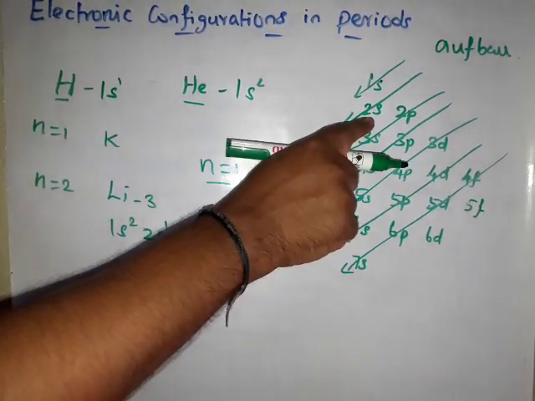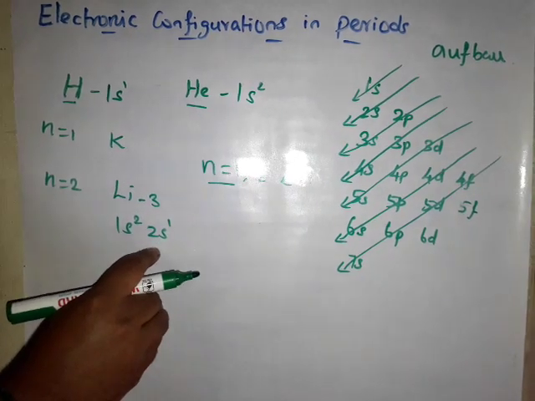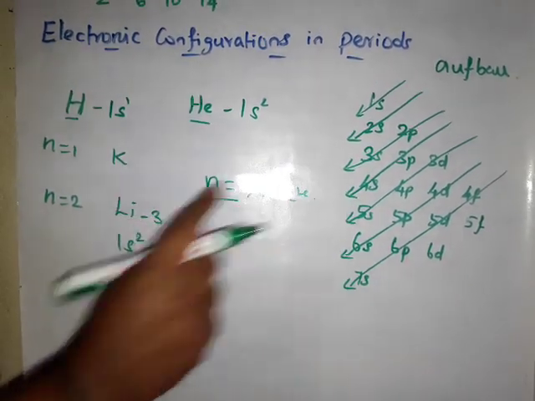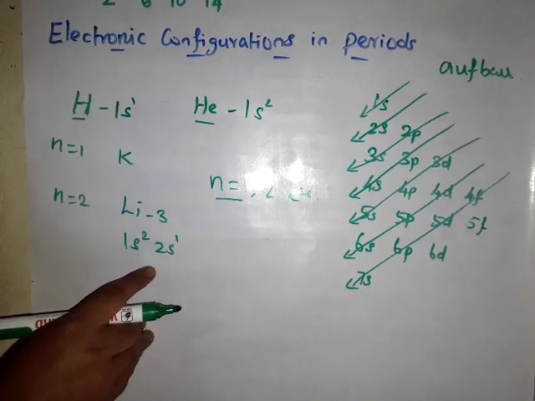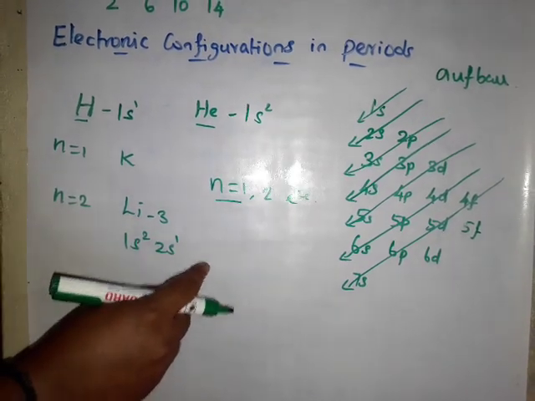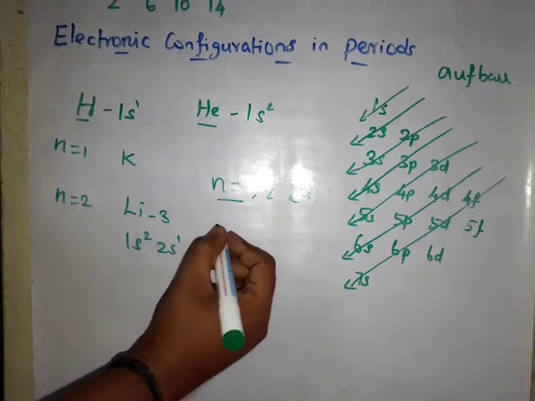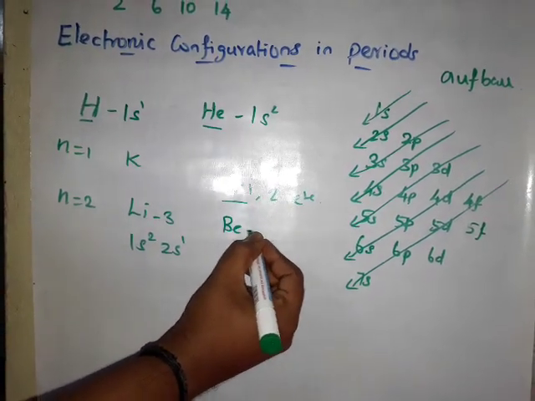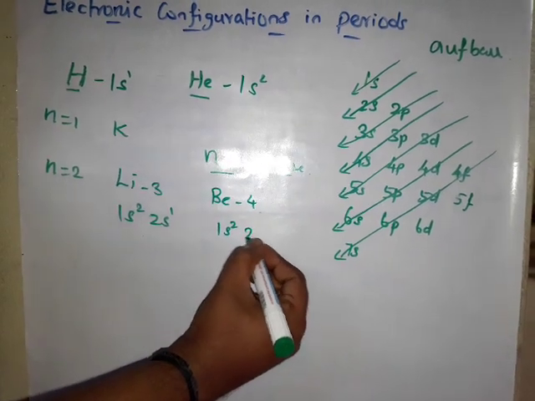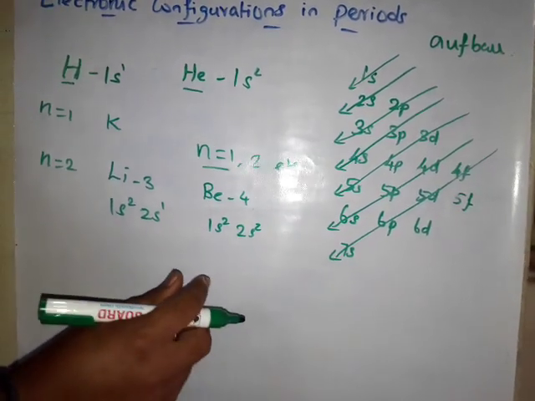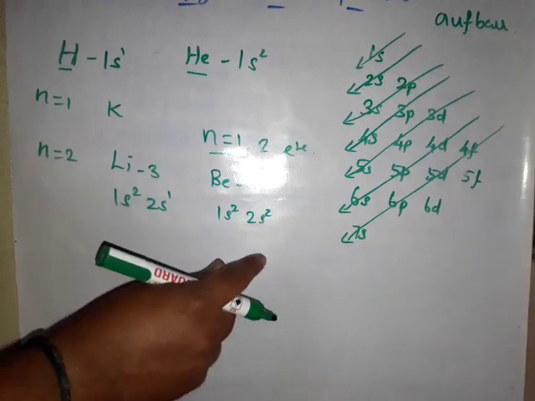Then the next orbital is 2s, so the electron fills the next higher energy level. So 1s2, 2s1. Then the next element is beryllium, atomic number 4, with configuration 1s2, 2s2.